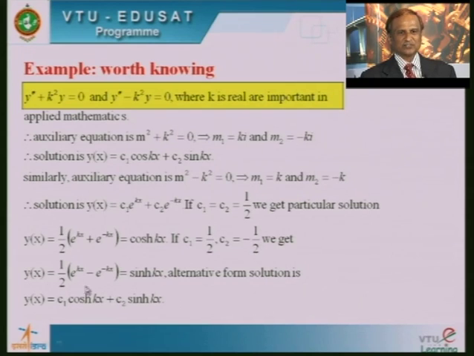I hope the solution is in this form, 1 by 2 times e to the power kx minus e to the power minus kx, right. So, again when we observe this function, we will come to know that this is the definition of a sine hyperbolic function, is it clear. That is why this can be written in the form of a hyperbolic function, sine hyperbolic kx, right. Or the alternative solution is C1 into cos hyperbolic kx plus C2 into sine hyperbolic kx, right.